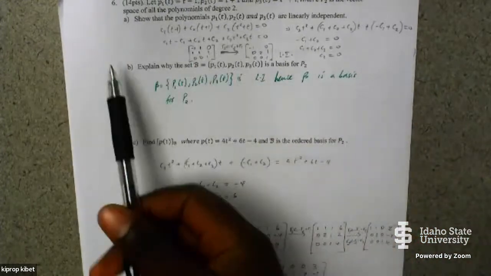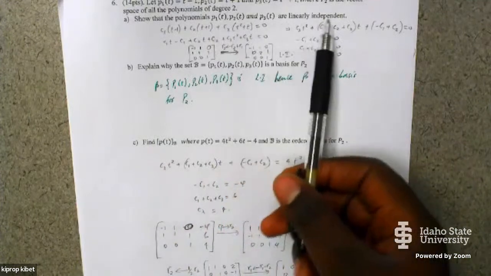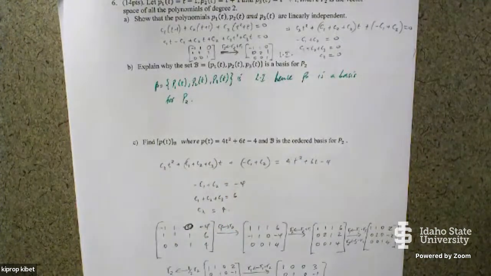This one: show that the polynomials P1, P2, P3 are linearly independent. We did this one severally. First of all, since we want to know that these are equal to 0, we multiply each by a constant, factor out, write it as a matrix, and then reduce it.